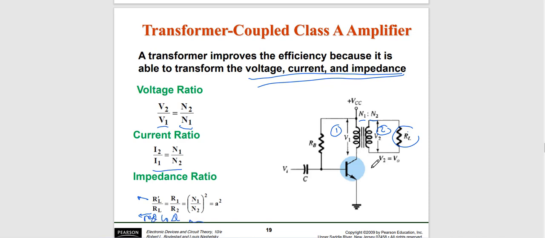R1 per R2 is equal to N1 per N2 squared. This is the impedance transformation, and we replace N1 per N2 with a, so a squared. This is the impedance ratio between the secondary of the transformer and the load resistor.